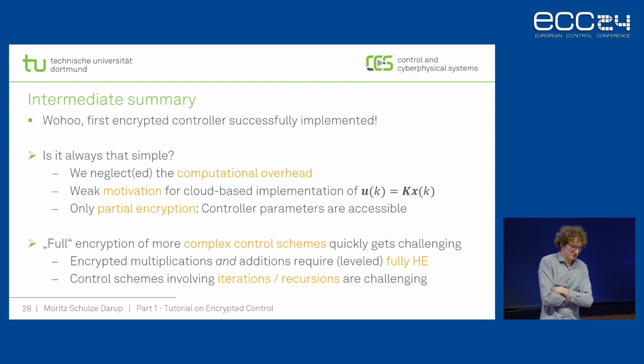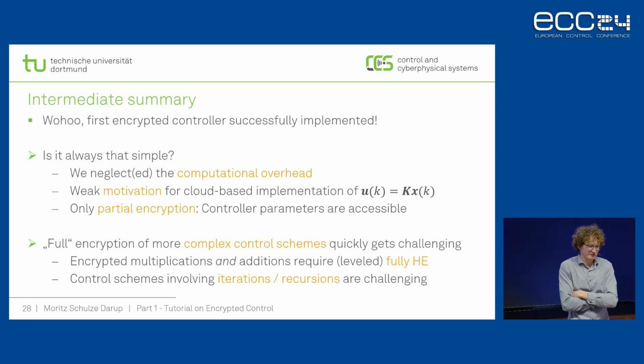You can clearly interchange the role of k and x. So you can encrypt all the controller parameters using the Paillier scheme and leave x open. But if you want to have both at the same time, then the Paillier scheme can't offer that for you, and you need more complex crypto systems, and these crypto systems you will learn about in the next two parts.